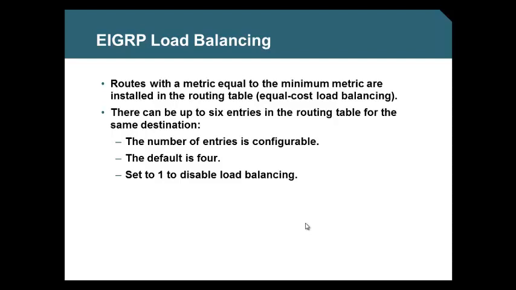What is unequal cost load balancing? Sharing the load across multiple paths whose metrics are not the same, whose composite metric is not the same. By tuning variance, you can do that.